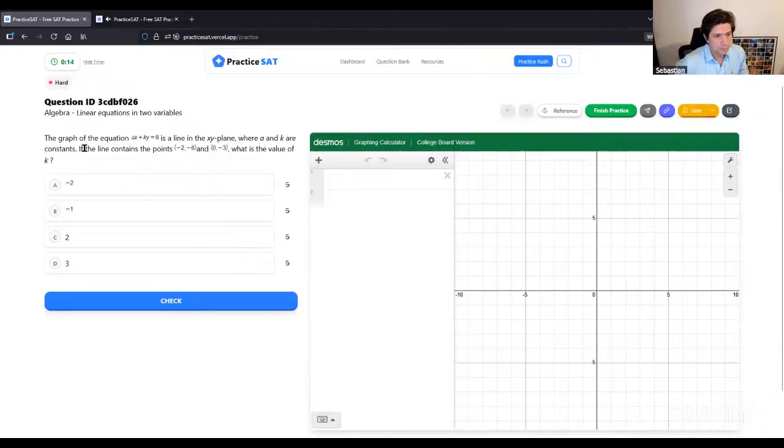Okay, so the graph of the equation ax plus ky equals 6. What is the value of k? Okay, so we basically have ax plus ky equals -6. So we could plug those in.